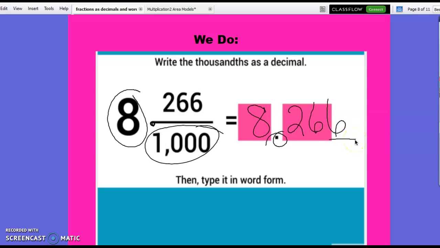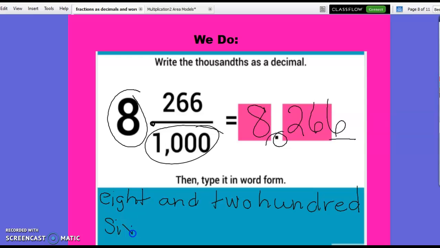Then you write it in word form: 8 and 266 thousandths.